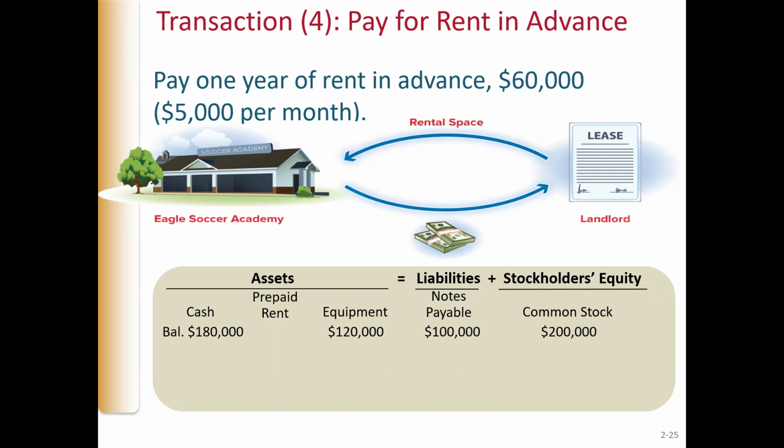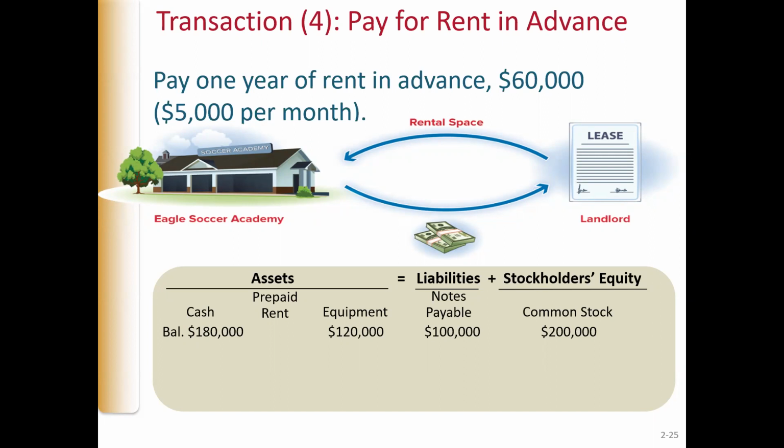Prepaid rent is an asset because we are paying for the use of a building for a year in advance. As each month goes by, it becomes an expense. But the initial purchase of rent in advance is an asset.